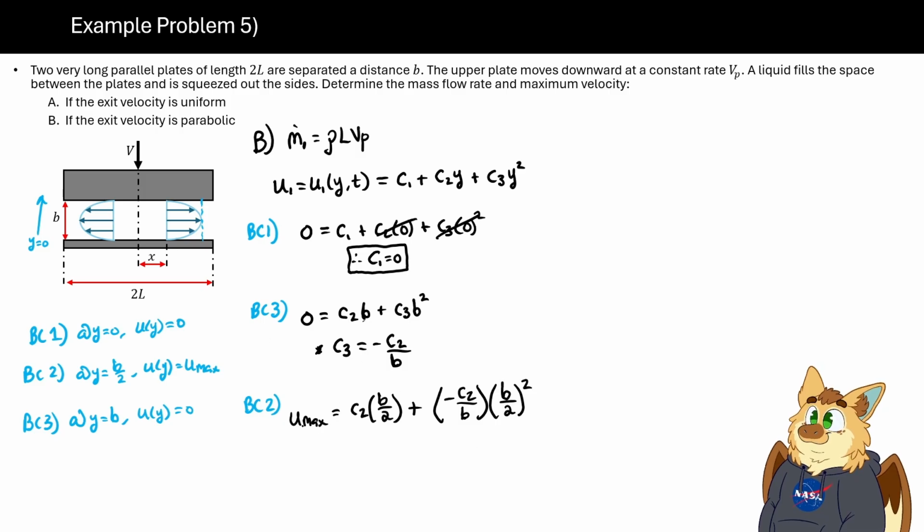And from there, after you simplify all of this out, I don't know if I want to skip this step or not. I feel like this should be pretty straightforward, so I am going to skip it. But you can find that C2 is just going to be equal to 4 times U max over b.